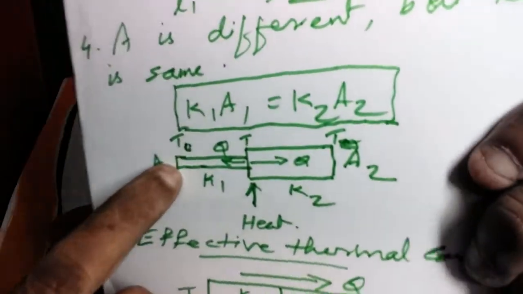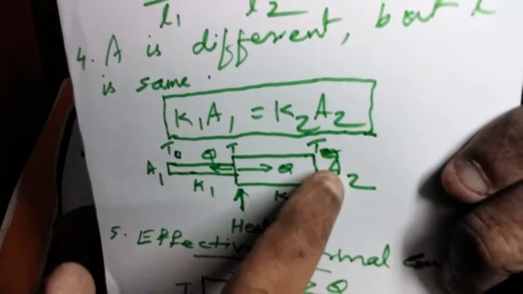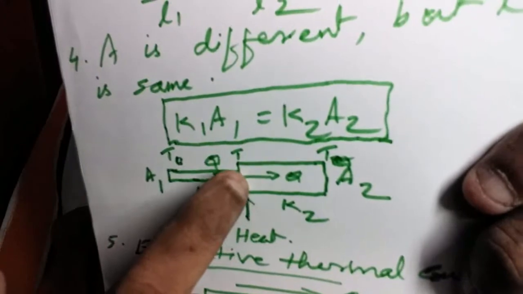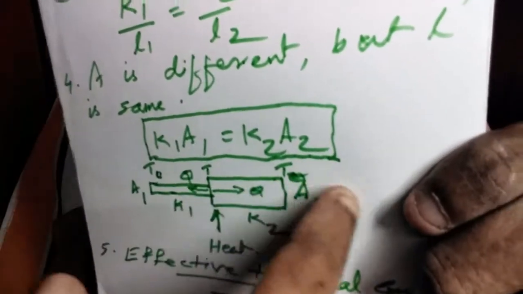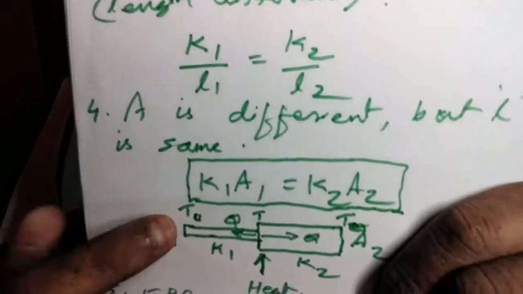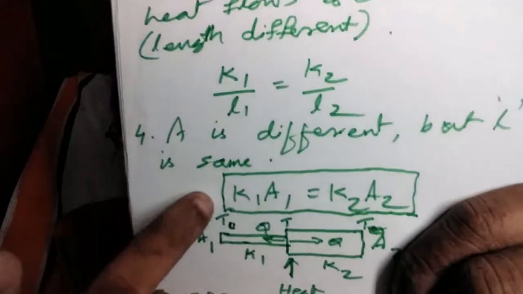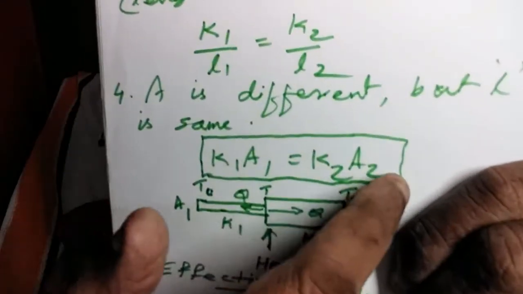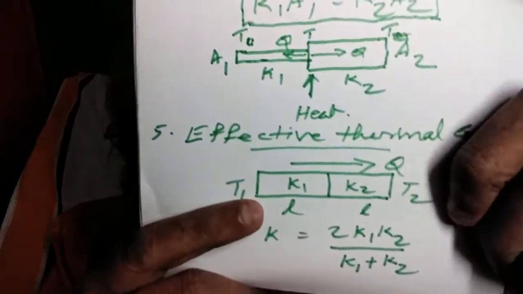Area of cross section of this is A1 and area of cross section of this bar is A2. Now if the heat conducted to this direction and heat conducted to this direction are equal, then we can write K1 A1 equals K2 A2, because A comes in the numerator. So K into A must be a constant. K1 A1 equals K2 A2. This is the formula.